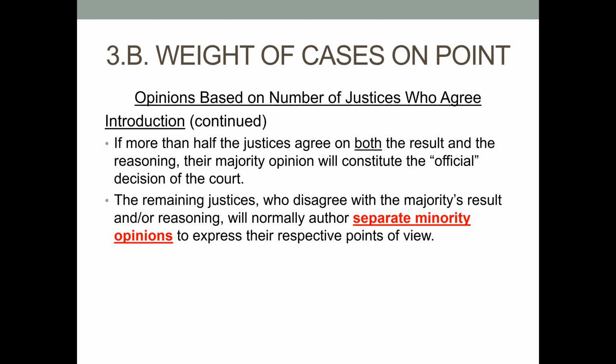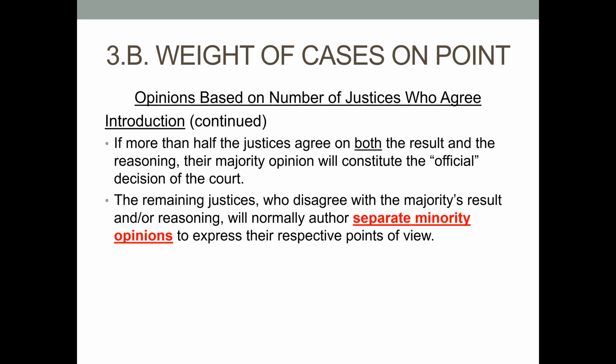Now, typically in that situation, if they're not joining with the majority, then that means that they disagree with the majority's result, or they disagree with the majority's reasoning. And so these remaining justices will normally author separate minority opinions to express their points of view, either why they disagree, why they think the majority got to the wrong result, and that necessarily means they think they used the wrong reasoning.